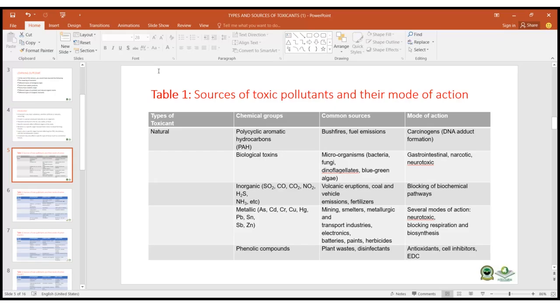Now, the second group are the biological toxins. The biological toxins are the toxins that you find in microorganisms, bacteria, fungi, and blue-green algae, and all that.